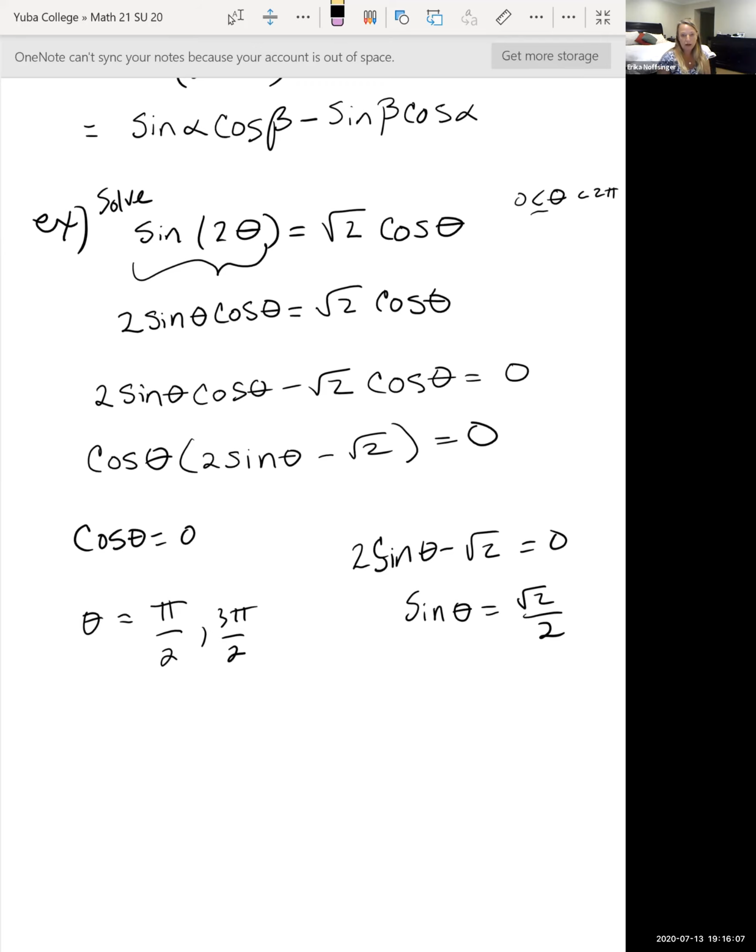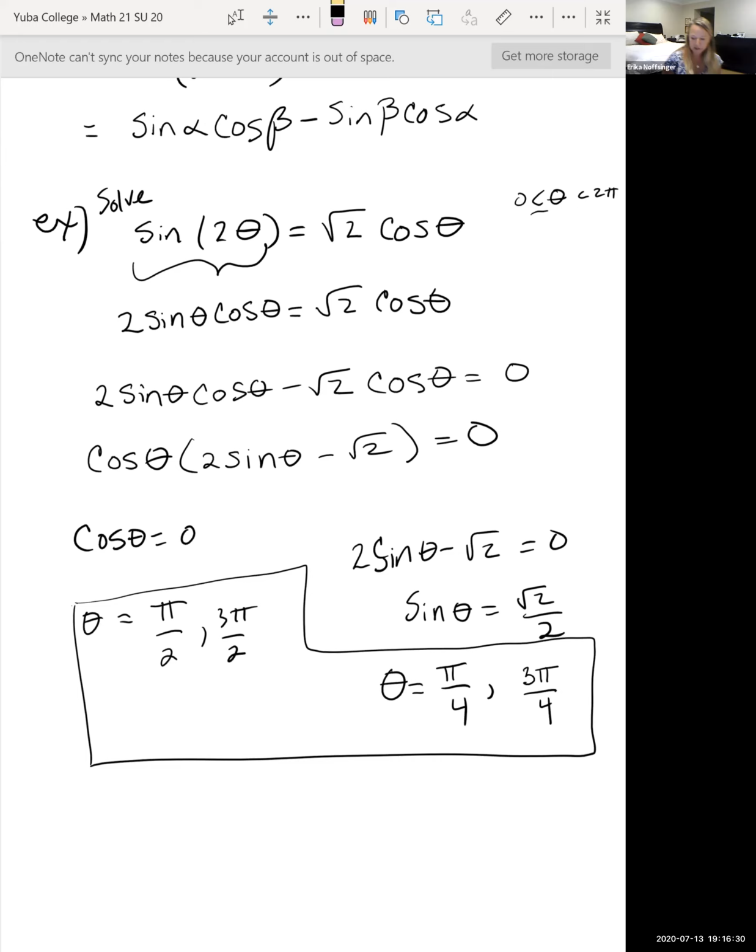And so it's at pi fourths. But sine is also positive in quadrant 2. So reference angle of pi fourths in quadrant 2 is 3 pi fourths. So there's 4 solutions that would work.